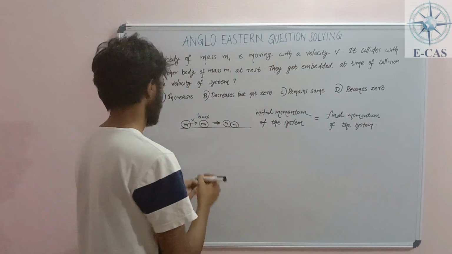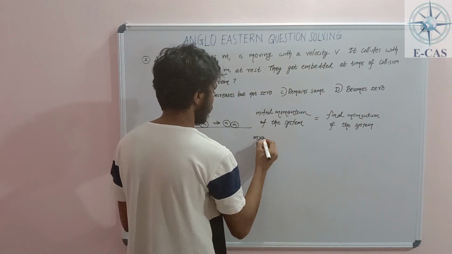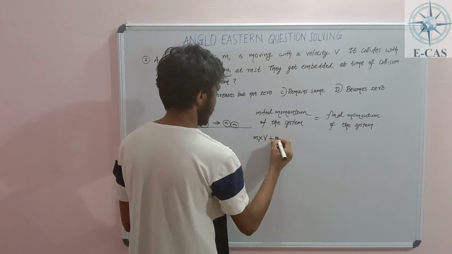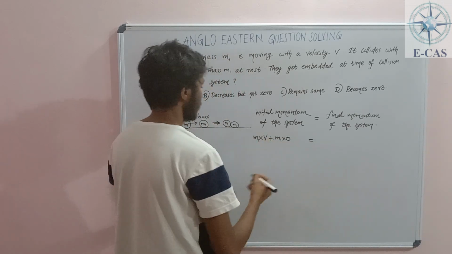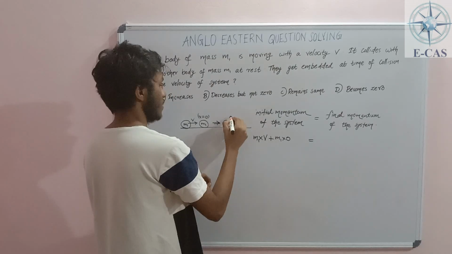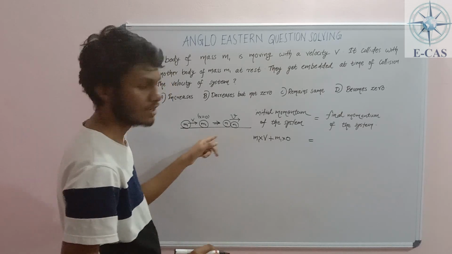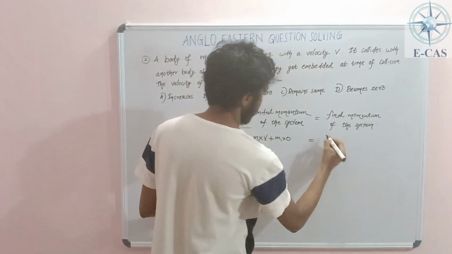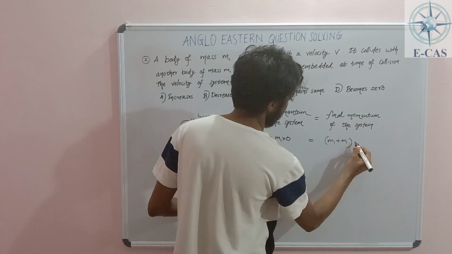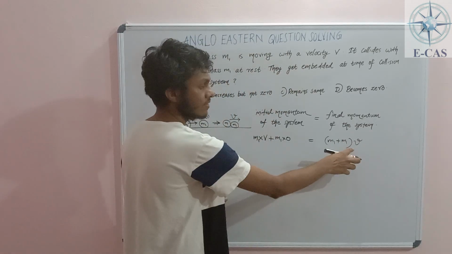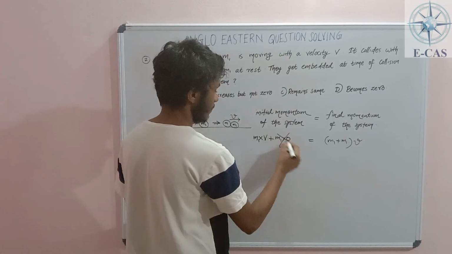So the initial momentum of the system will be m1 into v plus m1 into 0, equal to the final momentum. We have to find the combined velocity of the system, m1 plus m1 into V. We have to find the value of this V. This becomes 0.